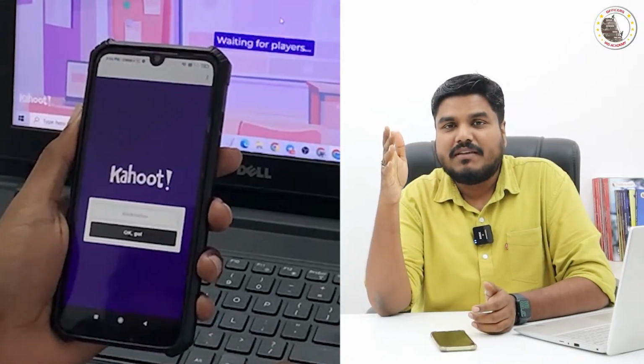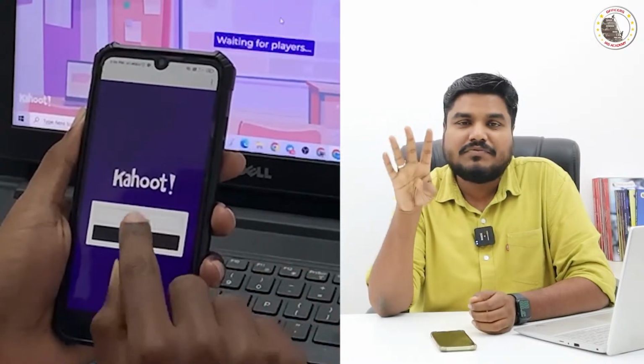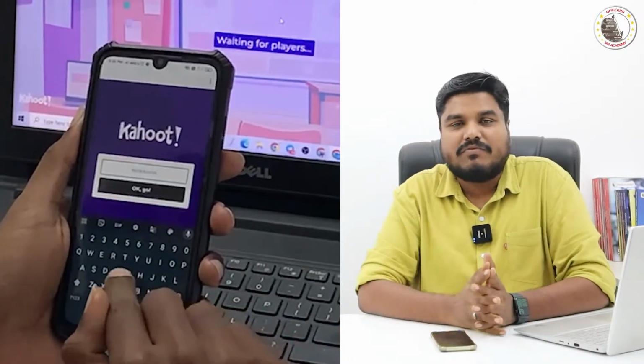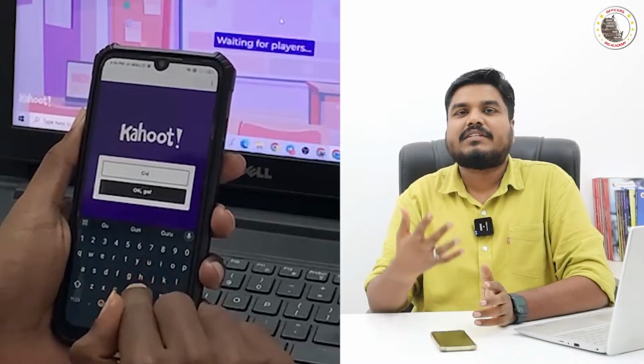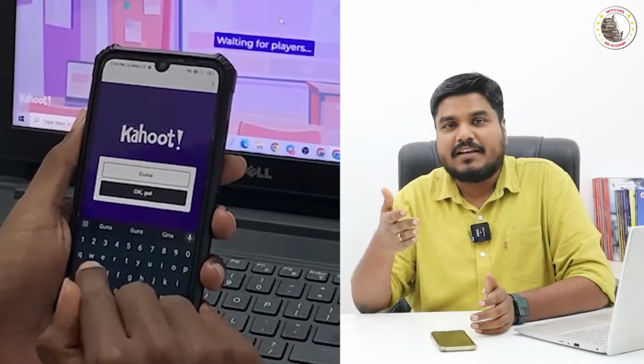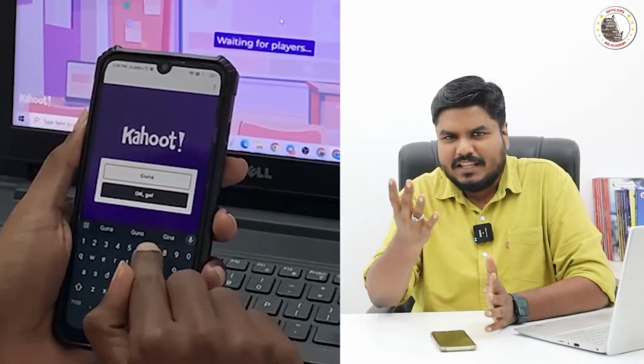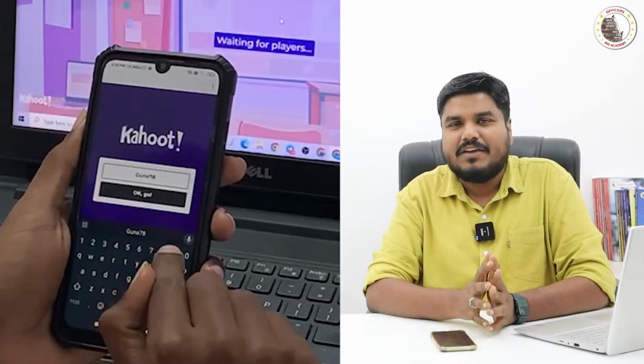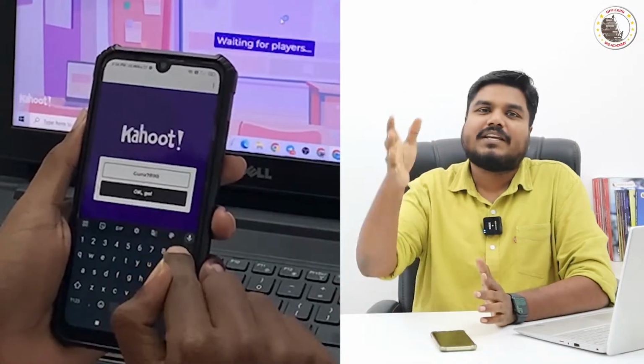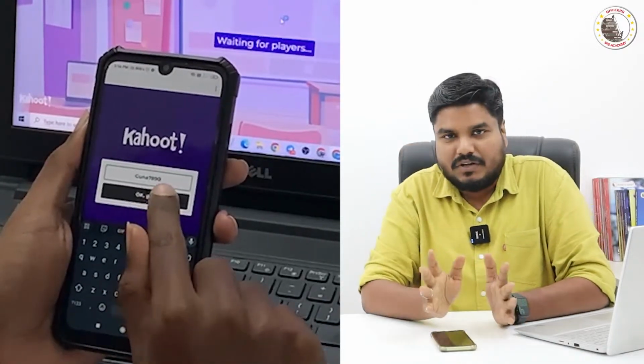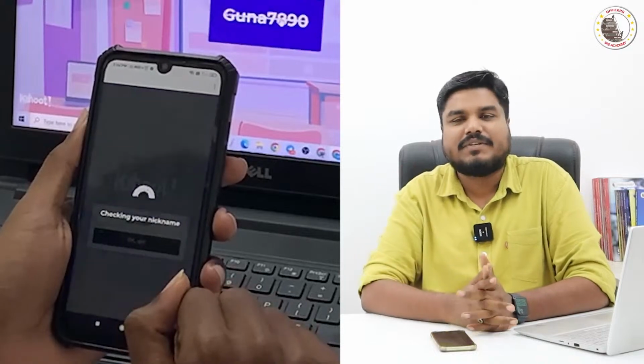Followed by your username, please give the last 4 digits of your mobile phone number. For example, my username is Guna8990, the last 4 digits of my phone number. Like that you can create your own username. That's all. You are ready to participate in the quiz.